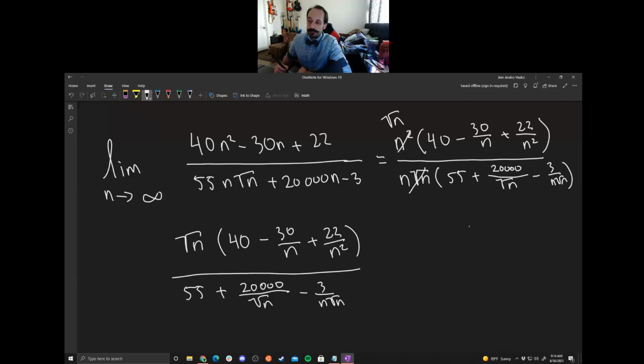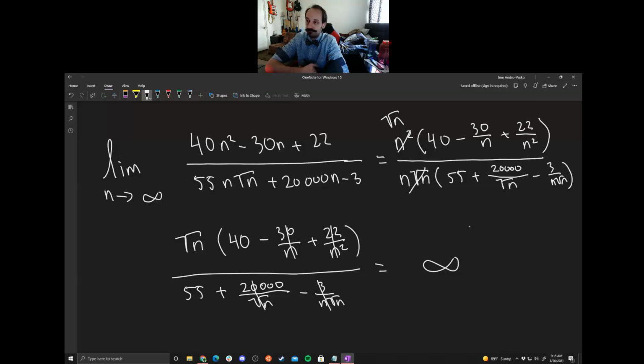Basically now we can set n to infinity, and these terms become 0 because a constant over infinity is just 0. So we end up getting root n over 55. This is going to diverge to infinity, which means that the function on top had the bigger growth rate than the function at the bottom.